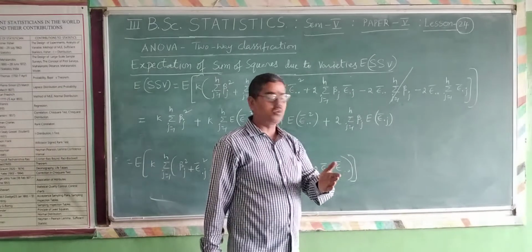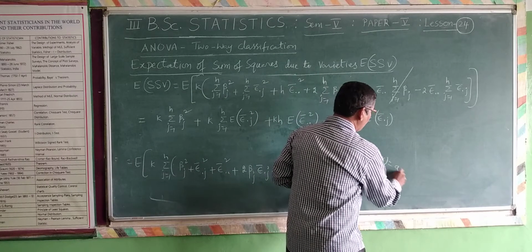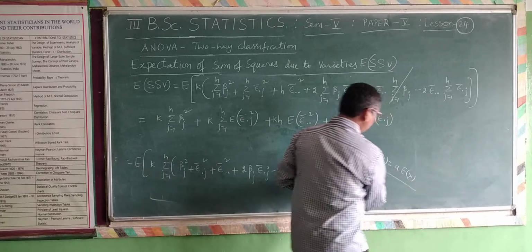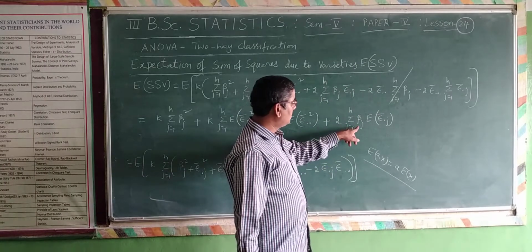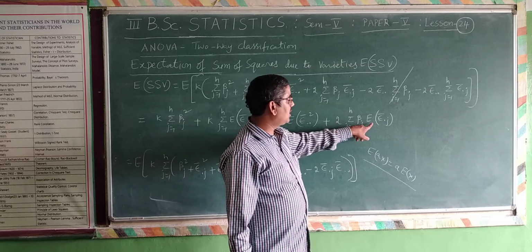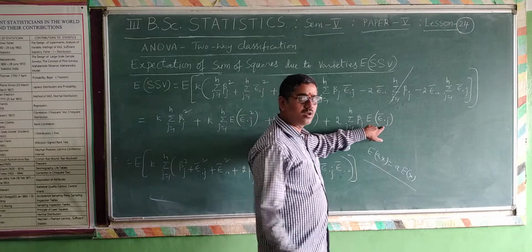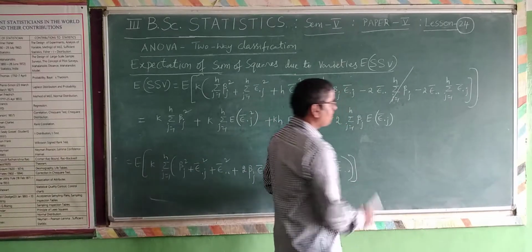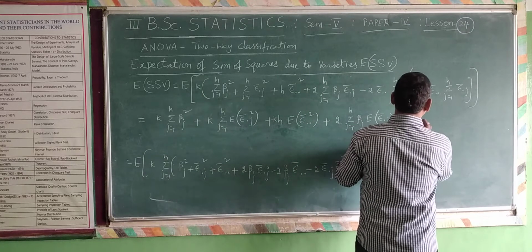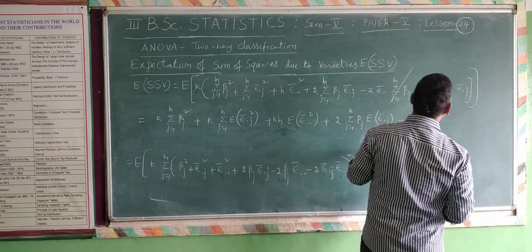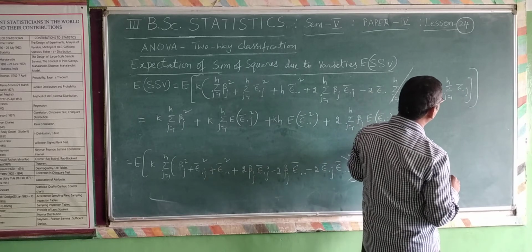Expectation of ax is a into expectation of x. Do you know it? Right? This is one of the properties of expectation. Like that, beta j is taken outside, expectation for epsilon bar dot j. But what is actually the expectation of epsilon bar dot j? It is 0, and it is already 0. Minus 2 into epsilon bar dot dot into summation j equals 1 to h epsilon bar dot j.